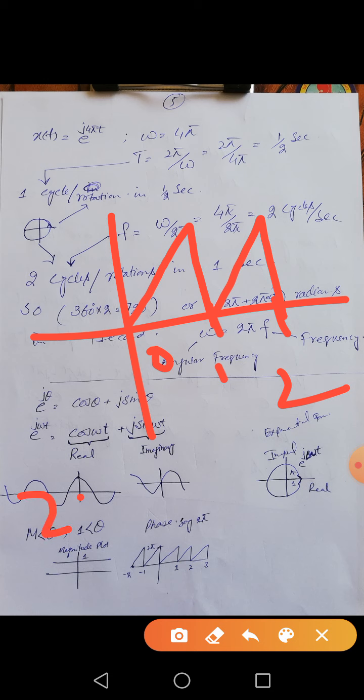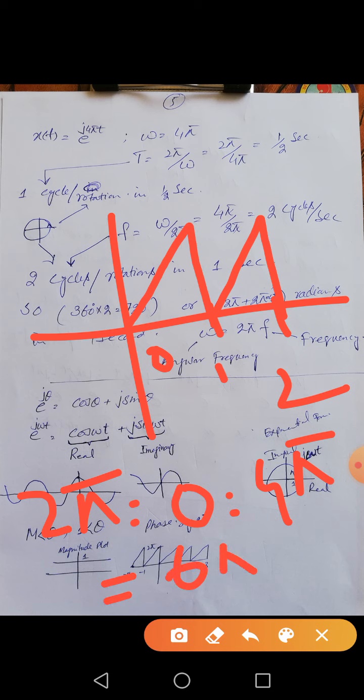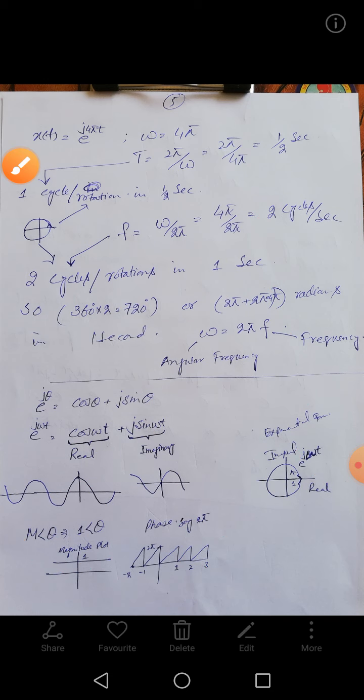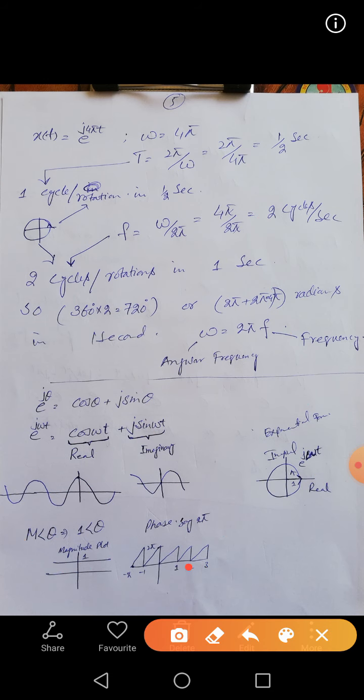So phase of 2π is equal to 0 phase, equal to 4π, equal to 6π. For integer multiples of 2π, it is equal to this. So this is the phase plot.